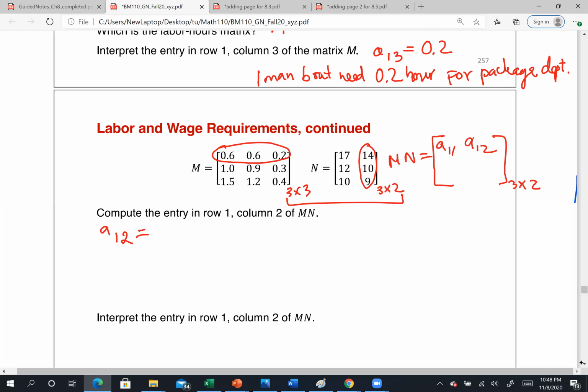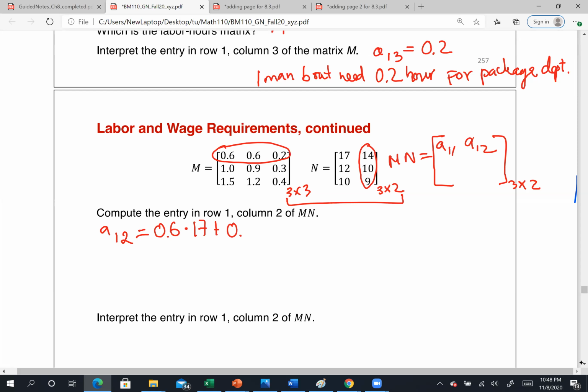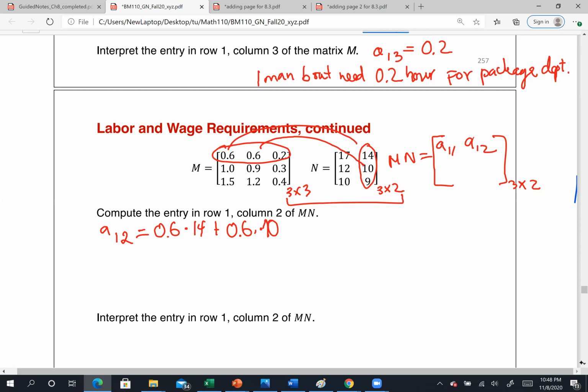Okay, so 0.6 multiplied by 14, sorry, not 17, the second column should be 14, plus 0.6 multiplied by 10, and then add with 0.2 multiplied by 9.